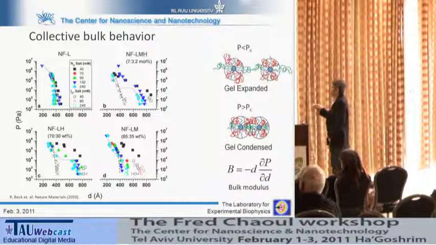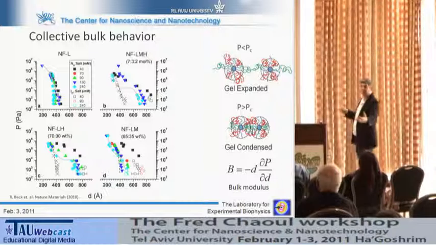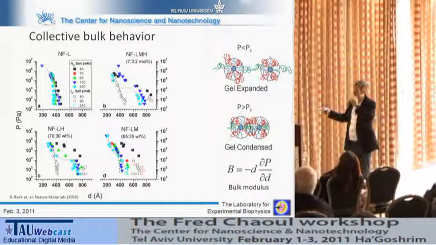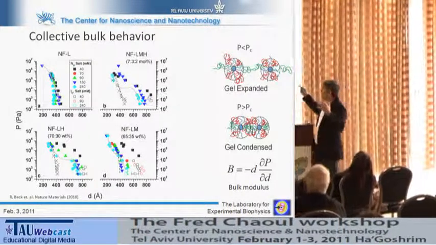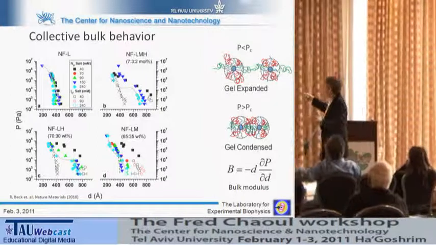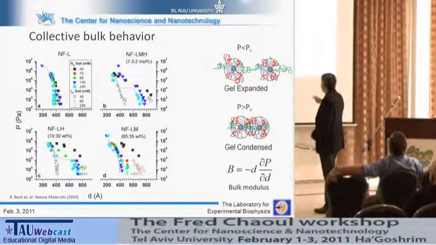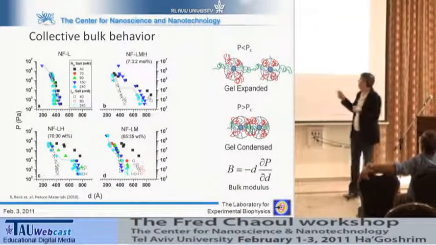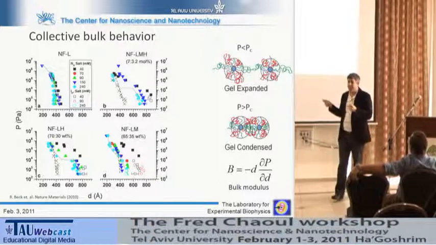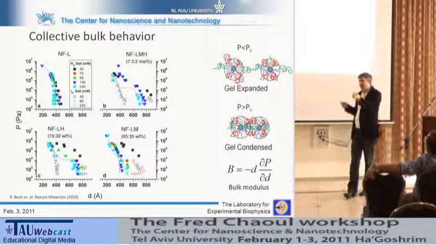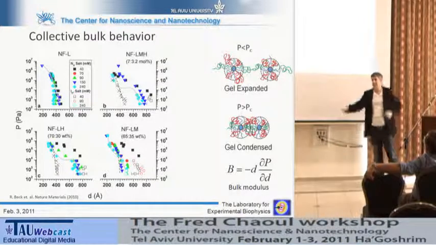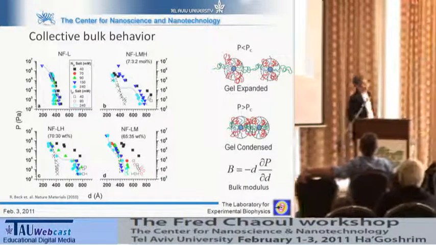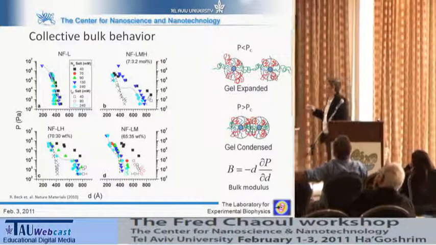And what we find out is that we have several phases. When the gel is very expanded, you can see that the average distance in between two cores of a filament is about 80 nanometers. So you can imagine what is the length of the extension of the unstructured domain.